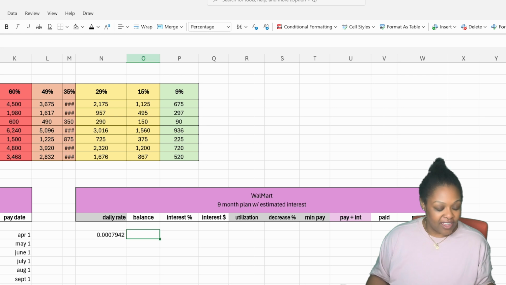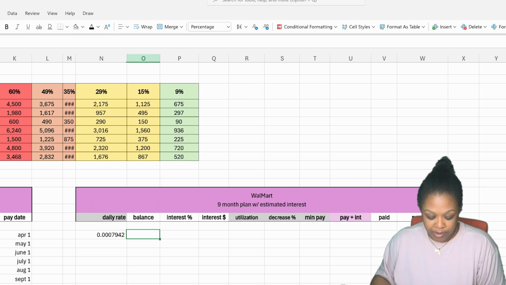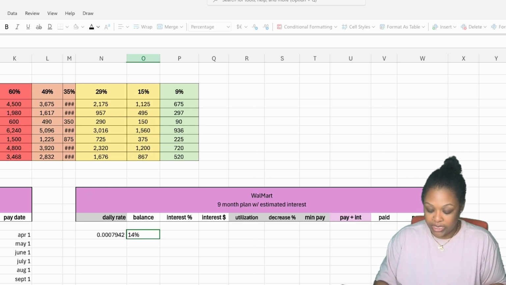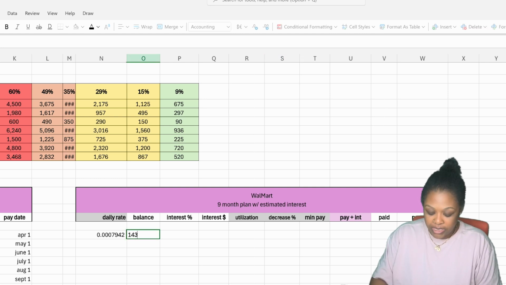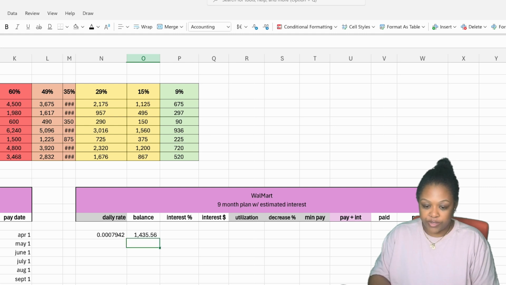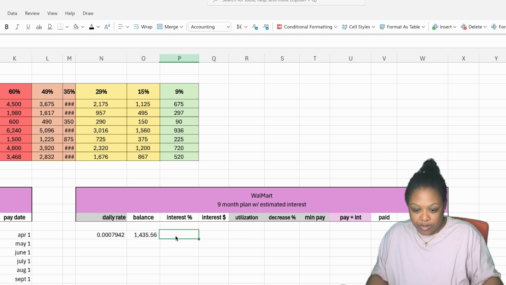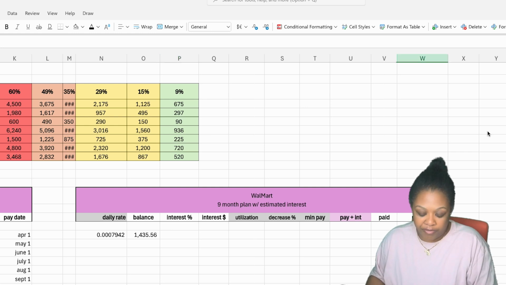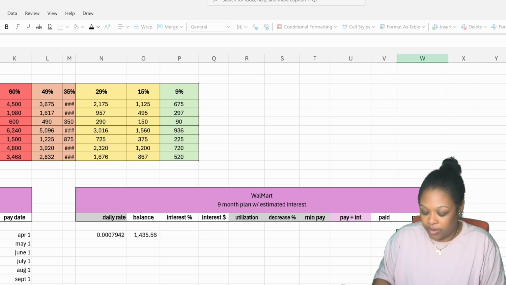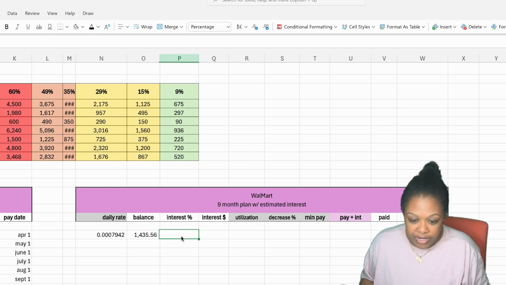What we do need to find out is what our balance is. My balance today is $1,435.56. Why are you giving me percentages right now? $1,435.56 is where I'm starting at for this Walmart card. So we find out what that is in percentages. Oh, it does help if you put your pay date down over here first, or change your APR.